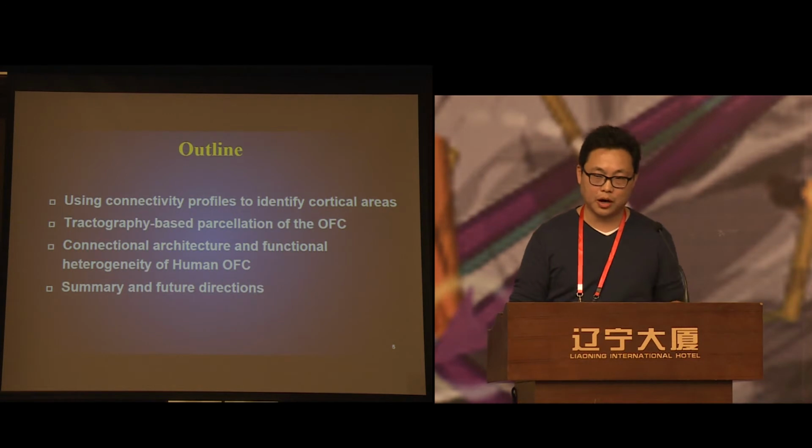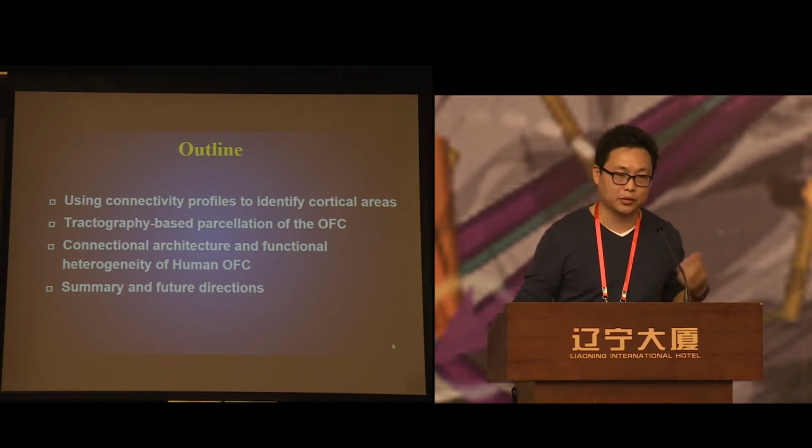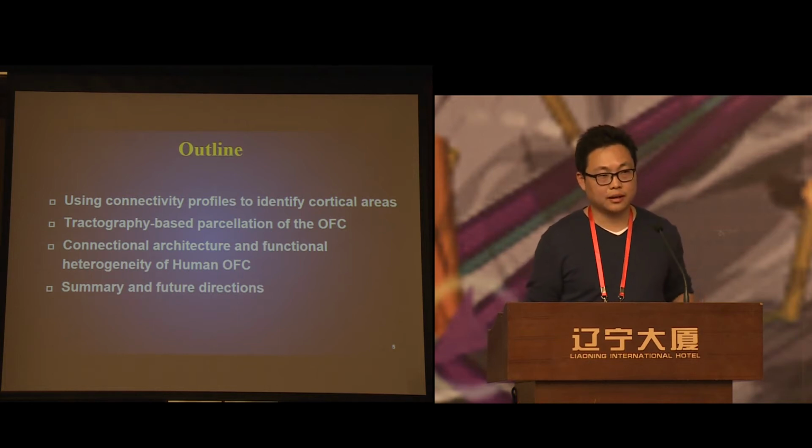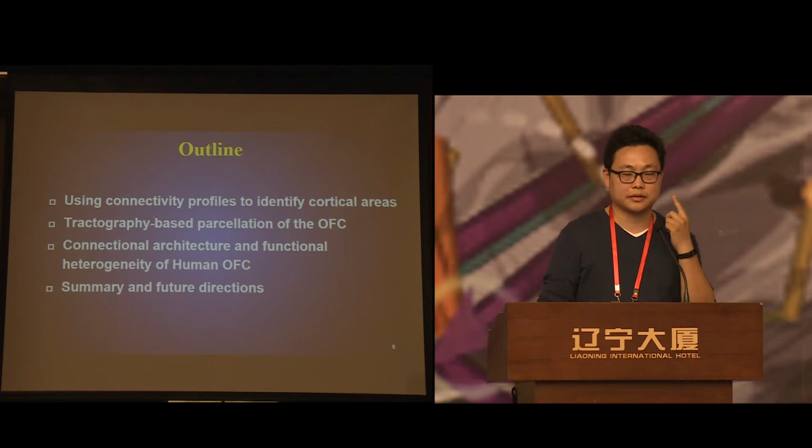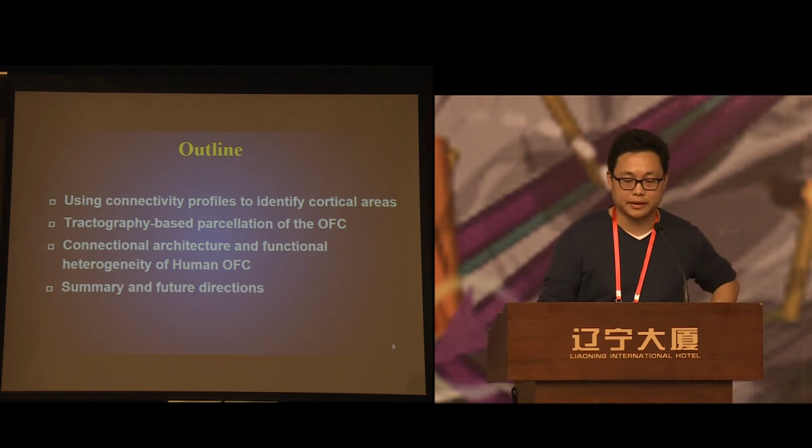So I will go into more detail about how we do the brain parcellation, how we created the atlas here. So firstly, the first thing to create an atlas is to identify the boundaries. So we use the connectivity profiles to identify the boundaries and then get the areas.